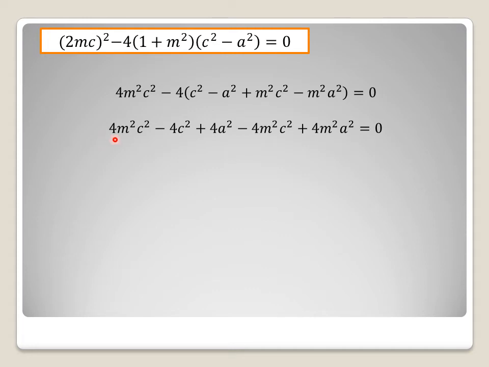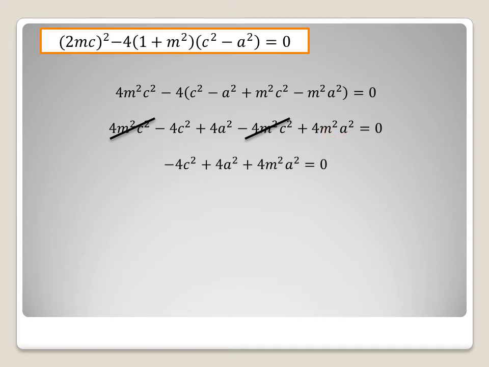Now you can see here is plus 4m squared c squared and here is minus 4m squared c squared. Both are the same terms having opposite signs, so they will cancel each other. The remainder is minus 4c squared plus 4a squared plus 4m squared a squared equals 0.